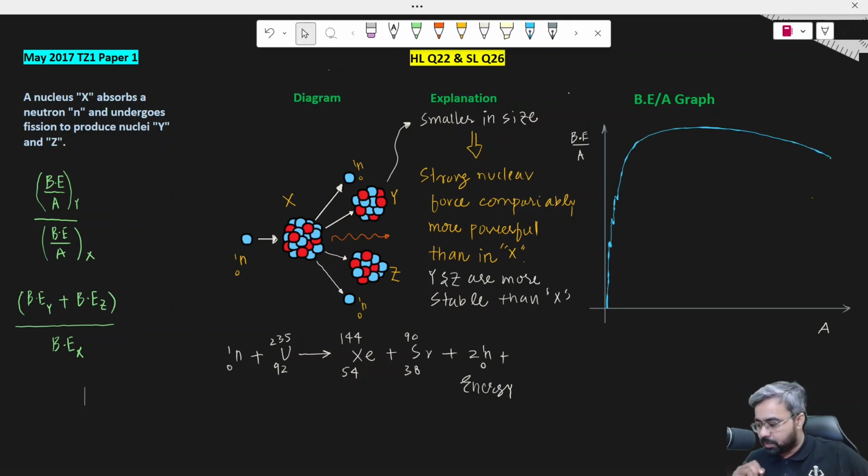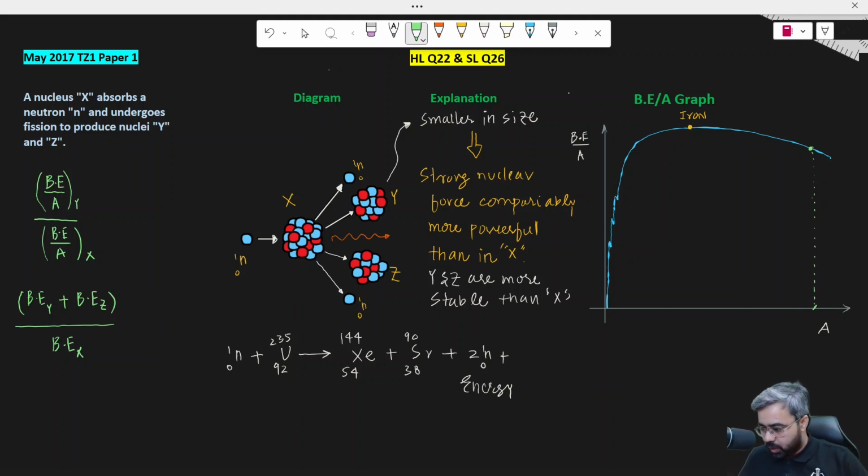In this binding energy per nucleon graph, the top element, the most stable, is always iron. But right now we are talking about the general case. So let's say this is X, because it has the largest nucleon number, as it is converting into Y and Z.